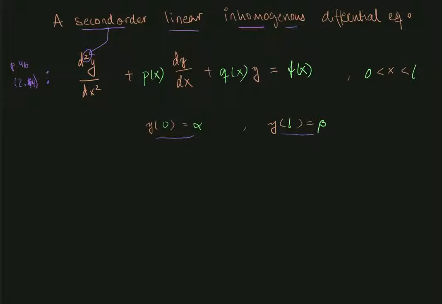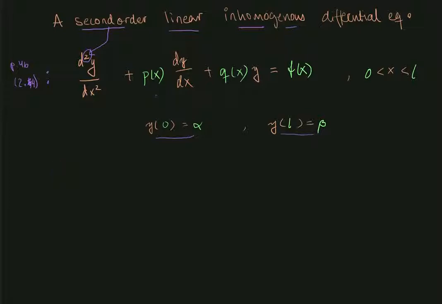If we had another differential equation where the third derivative of y was also included, then we would call it a third order differential equation. So the order of a differential equation depends on how many times y has been differentiated in the expression for the differential equation.